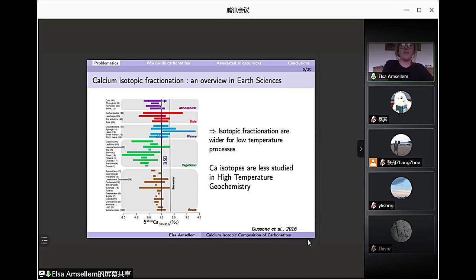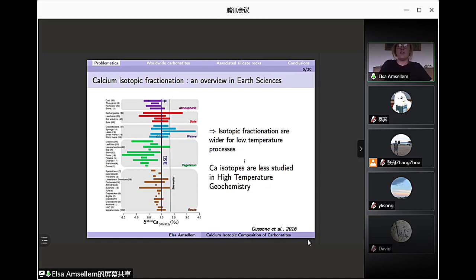We see that for all these reservoirs, there is a wide range of calcium isotopic composition. If we compare to the high temperature rocks, such as basalts, volcanic rocks, granite, and others, we see that they present a narrow range of calcium isotopic composition.